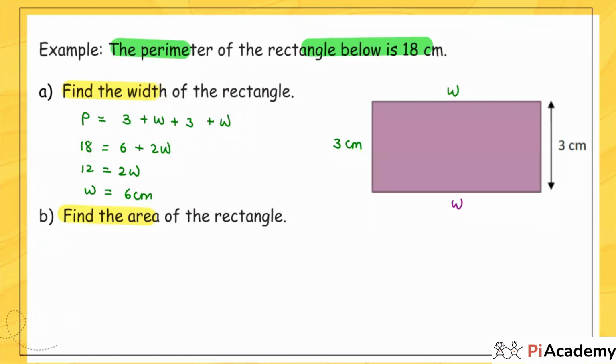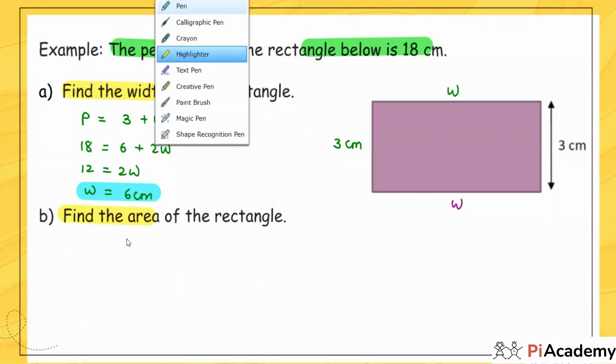Is it clear, everyone? Show me thumbs up if it is clear. Okay, very good. So now you know all the dimensions. For a rectangle, you just need the 2 dimensions. One is already given and one we have figured out in part A. So that's it. We can find the area easily.